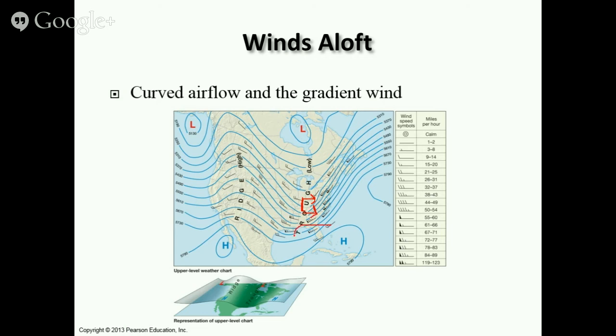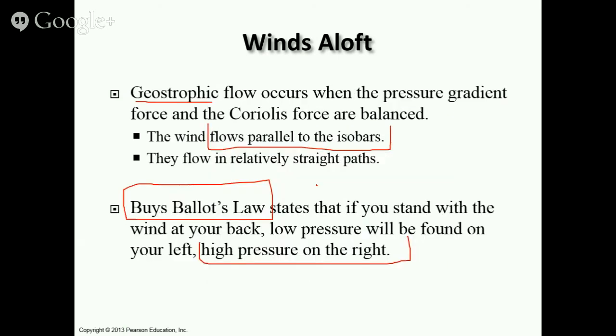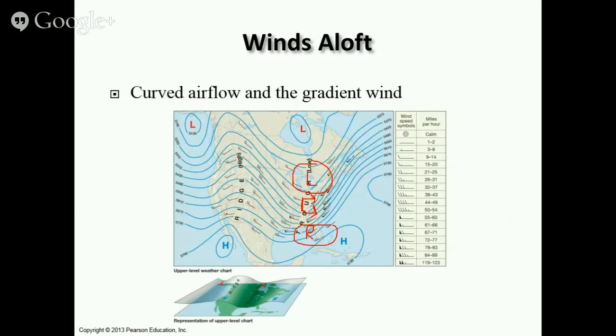To my right is high pressure. To my left is low pressure. And that's Buys-Ballot law. When we state Buys-Ballot law, high pressure is to the right, low pressure is to the left. Again, I would be standing about in Indiana's location here, and my eyes would be facing to the east.